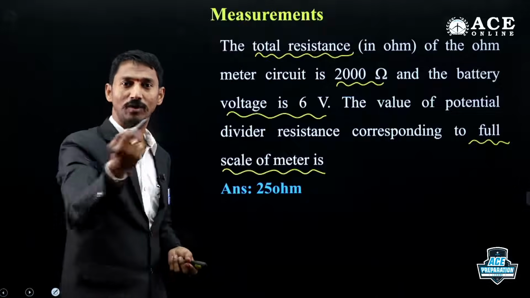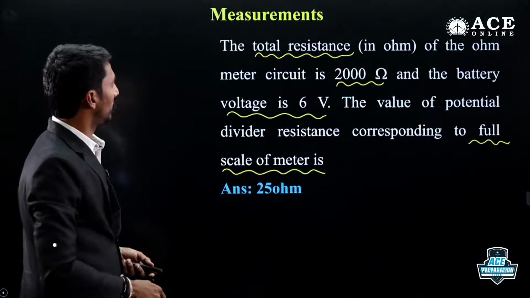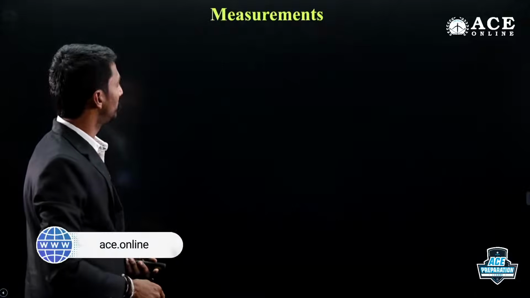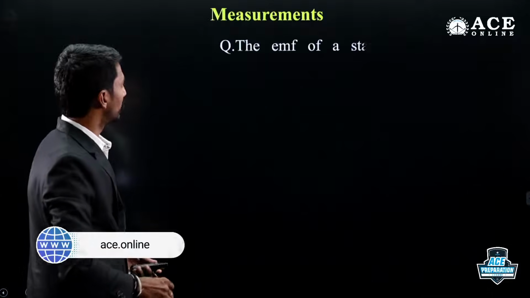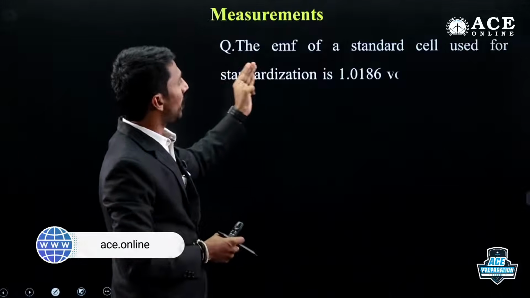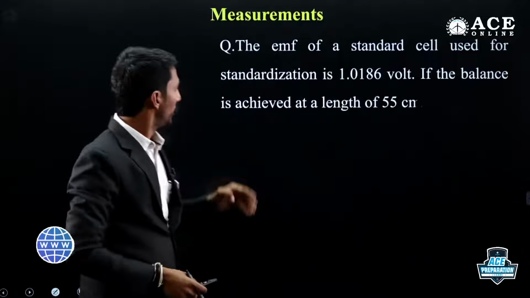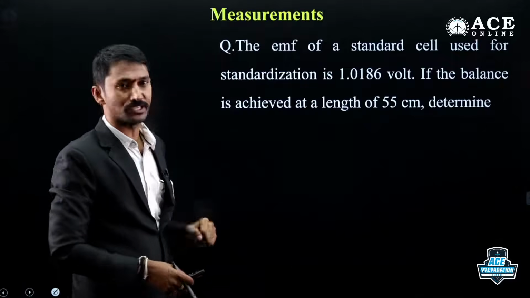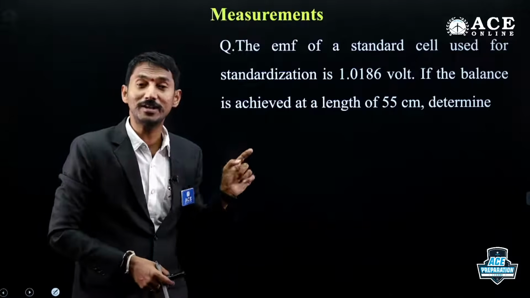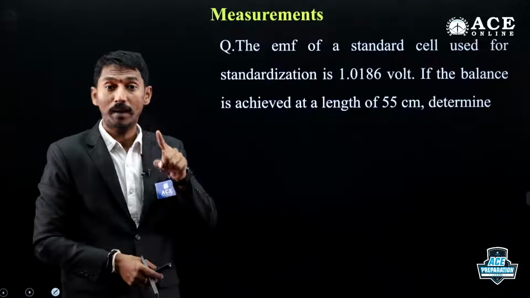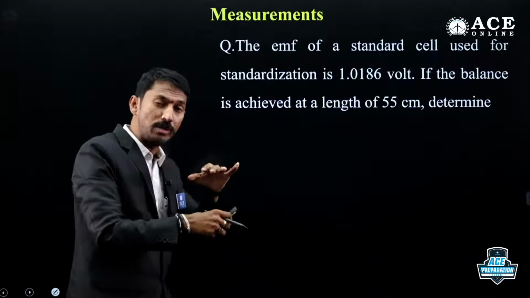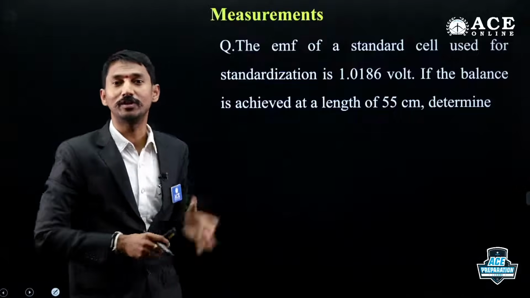Clear? Right. Now let us take one more question. The EMF of a standard cell used for standardization. This is a topic related to potentiometer. I am taking one universal question related to the potentiometer.